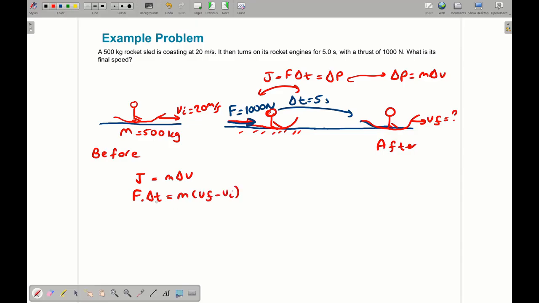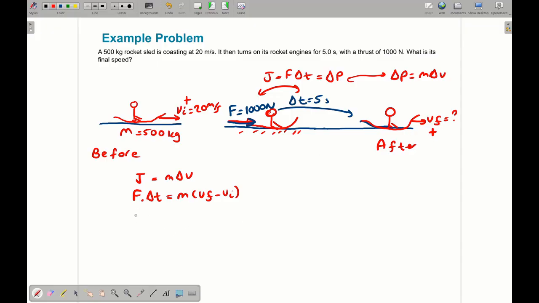Always feel free to start here. Put in the values. Mind the direction of the vectors that you know. V initial is plus. And V final, in this case, we know it's going to be plus, but sometimes we will not know. Then we'll just put them in and the results will tell us if it's plus or minus. But in this case, it's obvious that it will be plus.